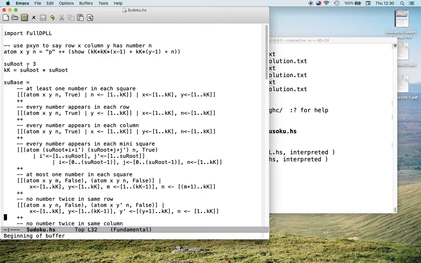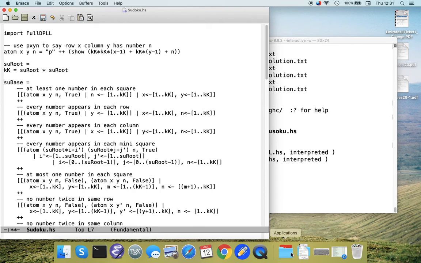So for a 9 times 9 problem, the sudoku root would be 3, and kk here is then the number of cells we have in a row or in a column, which is 9, 3 times 3. So actually I want to change this value to 2, because I want to deal with the problem that we were looking at before, the very simple sudoku that is really easy to solve, but let's still look at that.